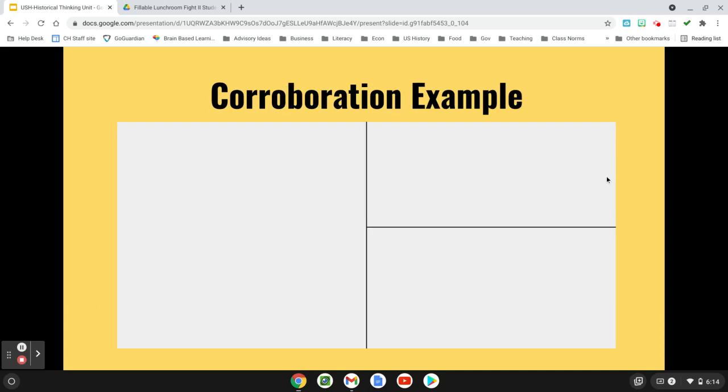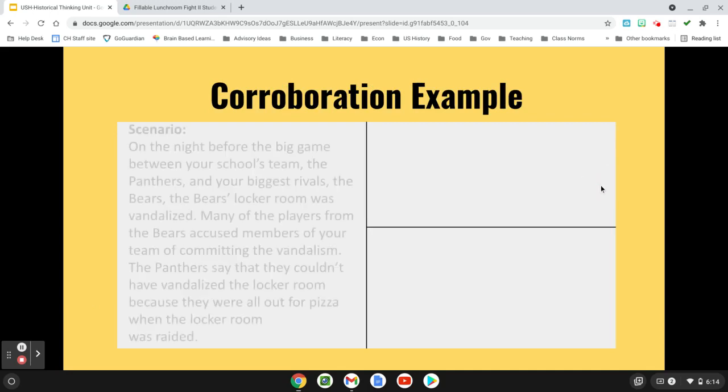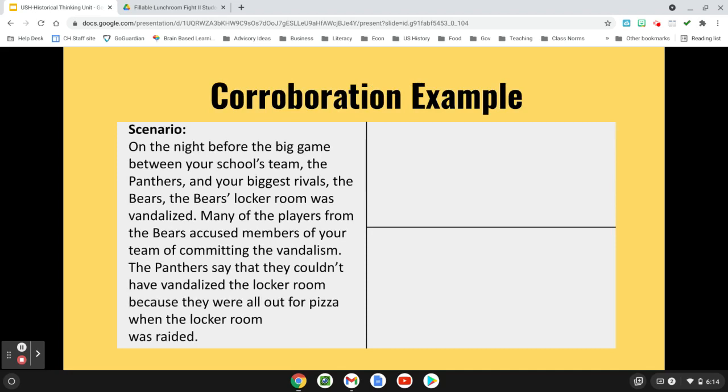Now we're going to take a look at an example of corroboration. On the night before the big game between your school's team, the Panthers, and your biggest rival, the Bears, the locker room was vandalized. Many of the players from the Bears accused members of your team of committing the vandalism. The Panthers say that they couldn't have vandalized the locker room because they were all out for pizza when the locker room was raided.